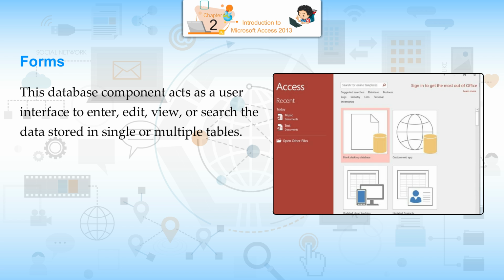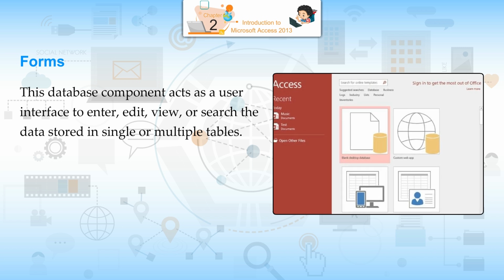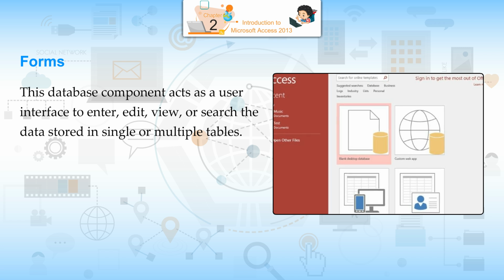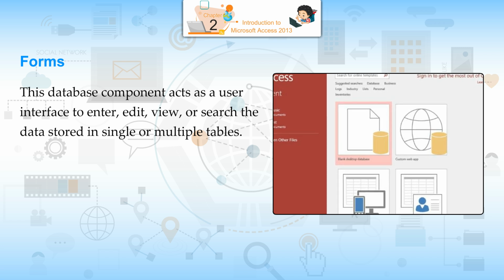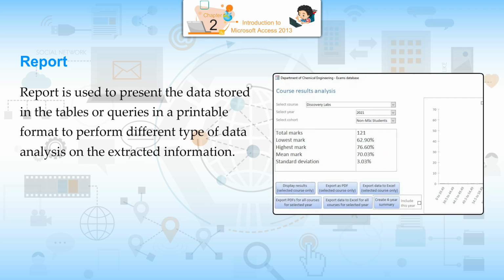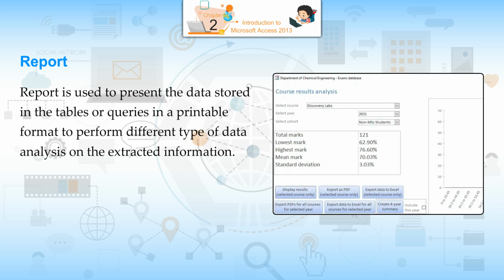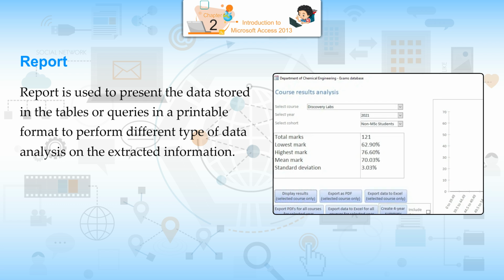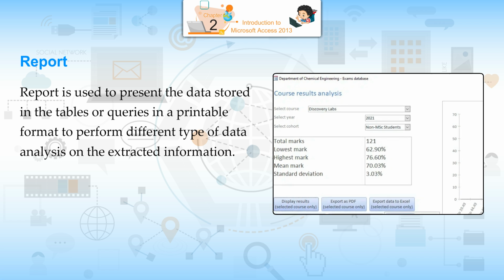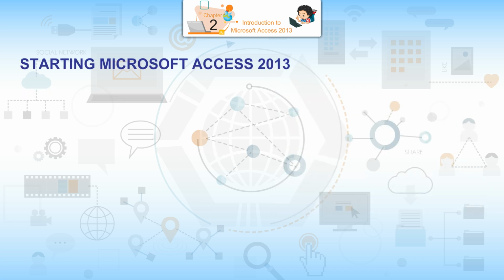Forms: this database component acts as a user interface to enter, edit, view, or search the data stored in single or multiple tables. Report: a report is used to present the data stored in the tables or queries in a printable format to perform different types of data analysis on the extracted information.